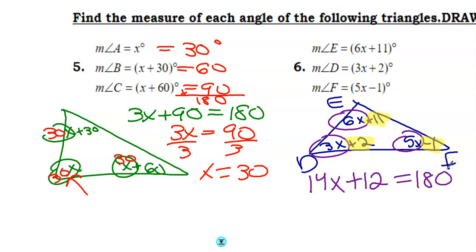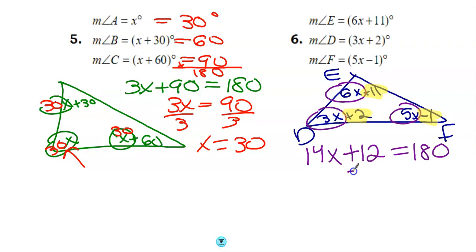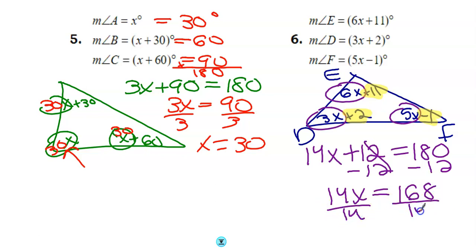So I'm going to subtract 12 from that. And then divide by 14. And x equals 12. So this is a lot of our two-parters where I find out what the value of x is, and then I have to plug it back in.